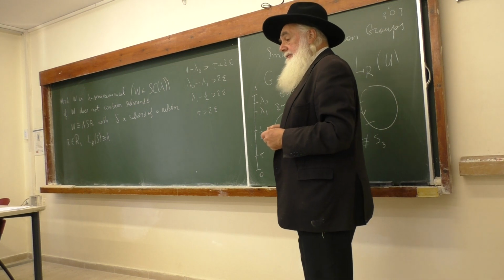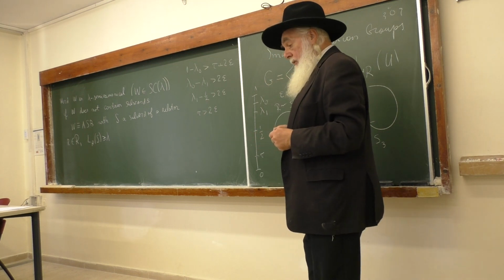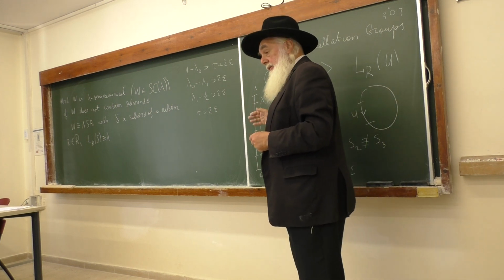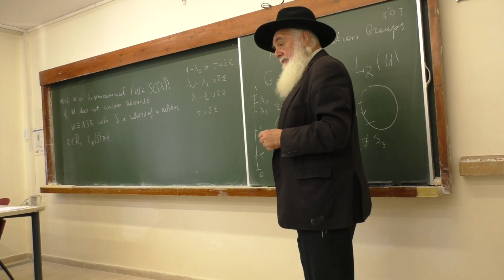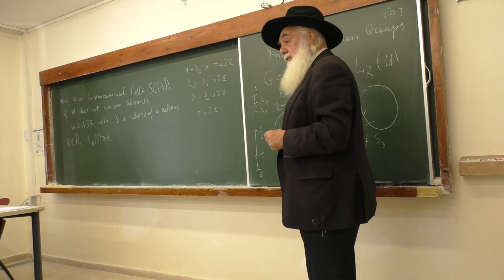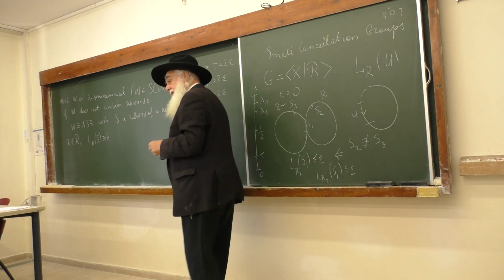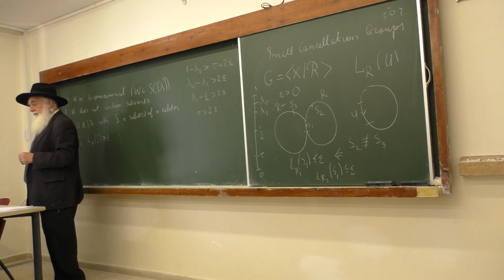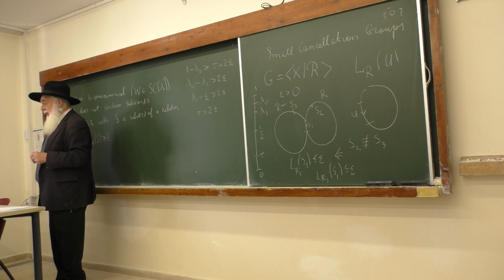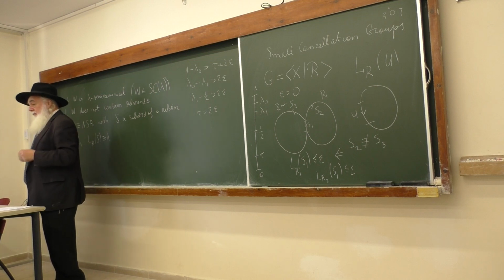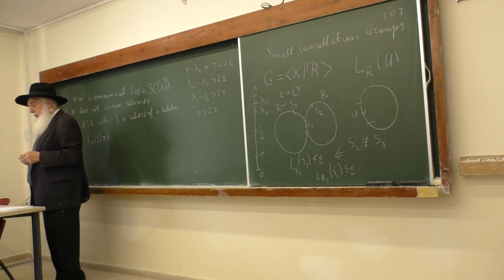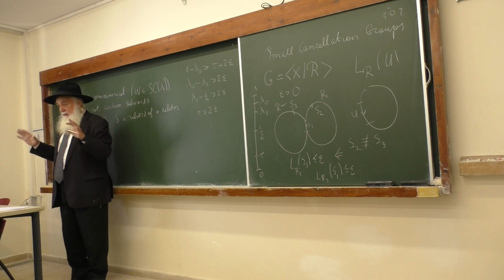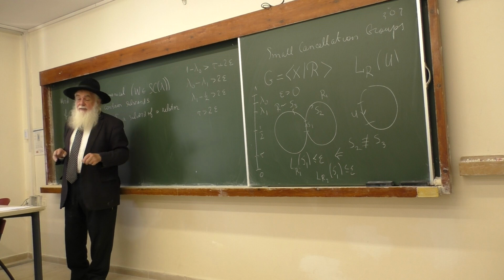We will define a product, and we will show that it is stable under this equivalence relation, and therefore it could be defined on the set of equivalence classes, and we will show that this product is associative. And then it will be easy to show that this group of equivalence classes under this multiplication is isomorphic to our original group. So this is the route we are going to take to construct small cancellation groups.